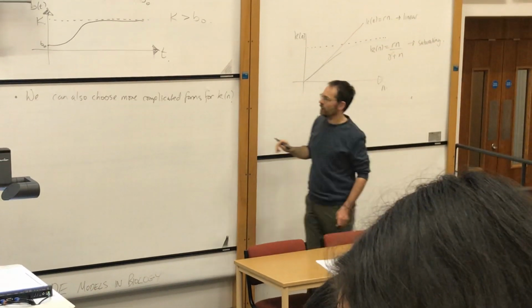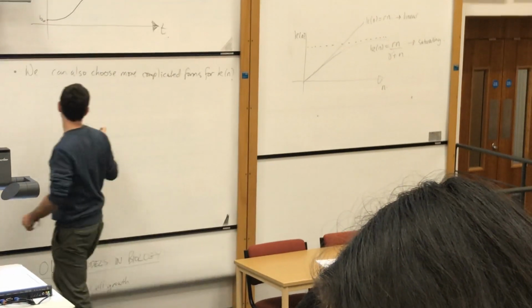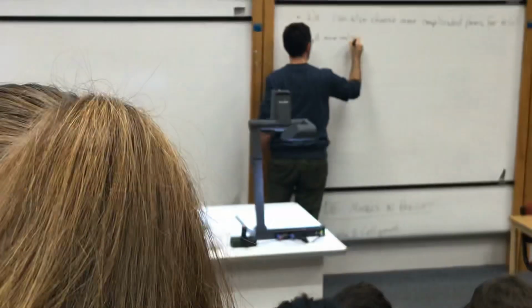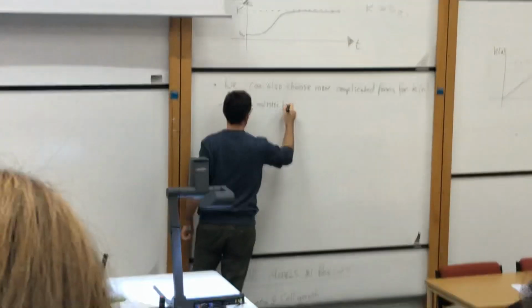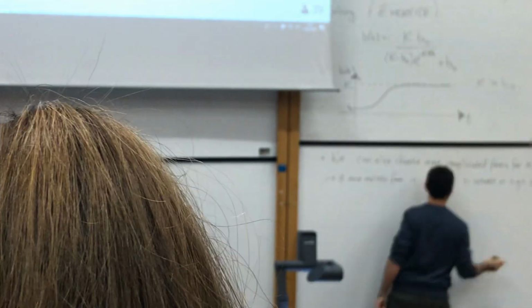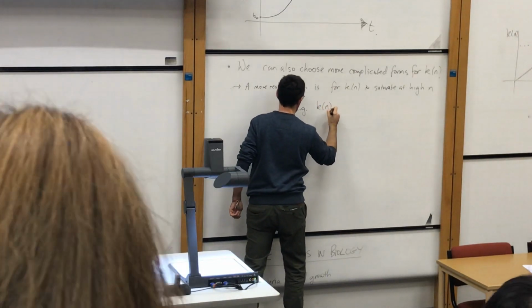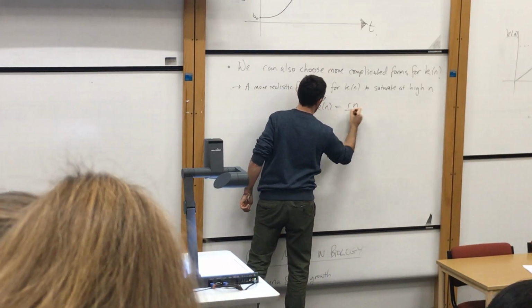This is a more realistic form: K of n saturated at high n.